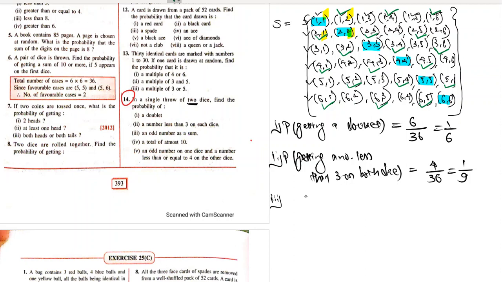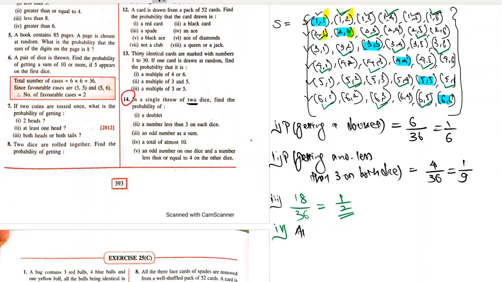So what is the probability over here? I'm directly writing the probability: there are three numbers in each row and there are six rows, so 18 by 36, which is 1 by 2. The probability of getting an odd number as a sum is 1 by 2, 50% chance.